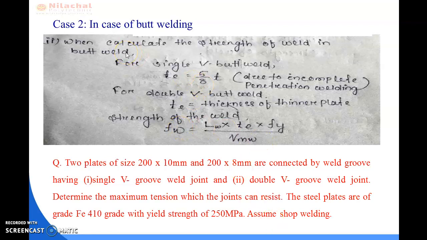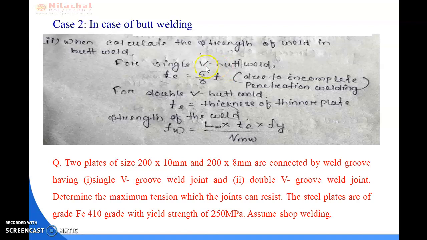In case of butt welding, in general, we provide V-butt welding, which is of two types: single V and double V. In case of single V, it is a case of incomplete penetration welding. As I told you in the previous class, the V-shaped welding is provided at one side of the plate section, either the bottom side or the top side.